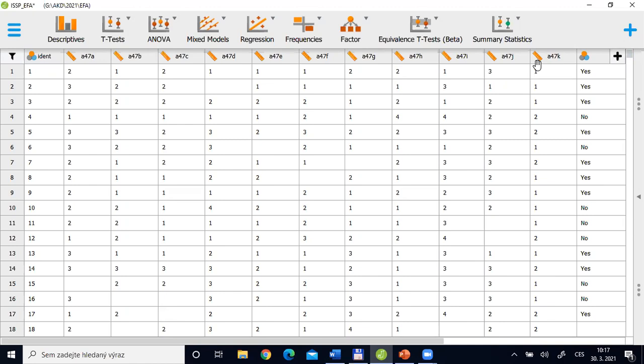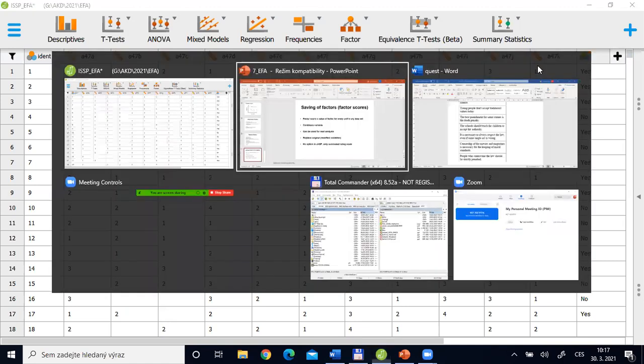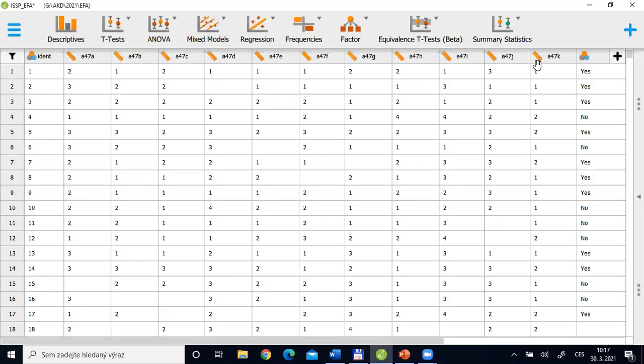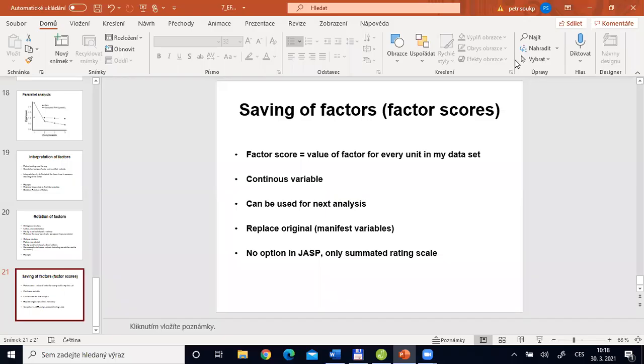This is not precisely factor scores, this is not saving factors, but it is based on previous results of factor analysis that helped us to identify dimensions. It means that 5 variables here are closely related, or 3 or 4 are related here. So this is only something similar to saving factor scores. Once again, JASP is not capable of saving factor scores.